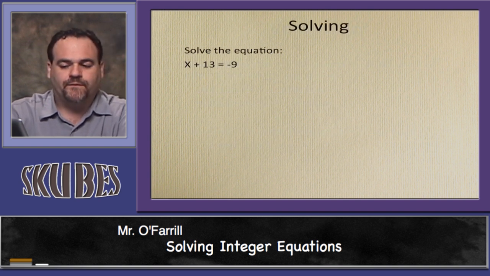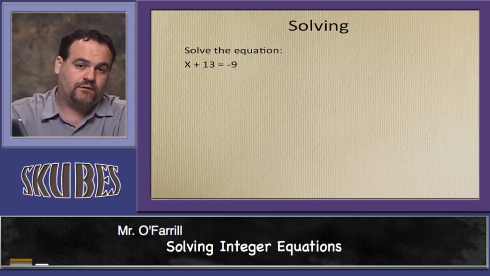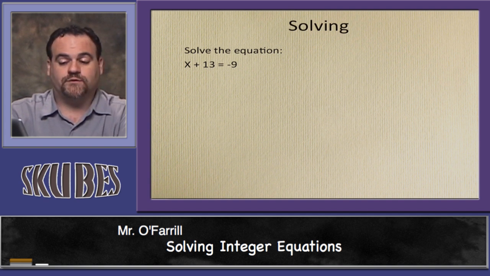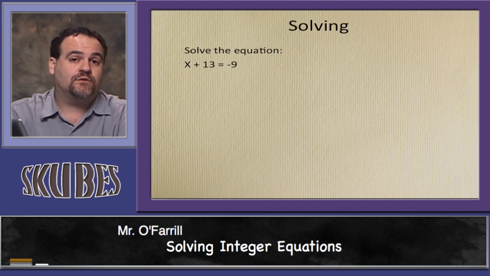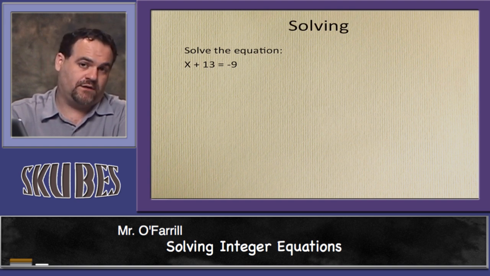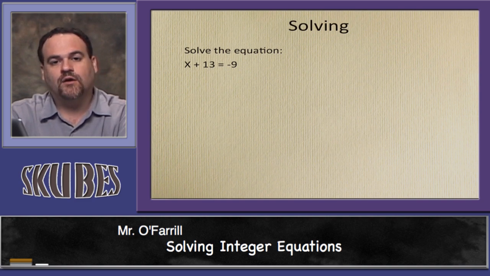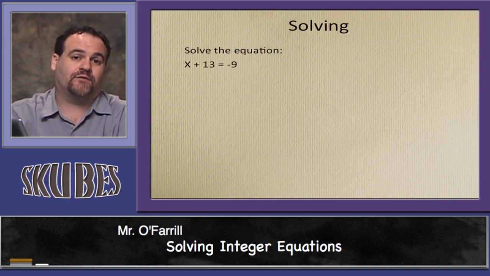So let's get started. We're going to solve the equation x plus 13 equals negative 9. Now, one of the main rules when solving equations is anything that you do on the left side of the equal sign, you have to do the exact same thing on the right side of the equal sign. It's all about balance.